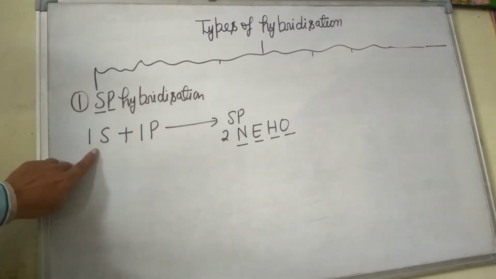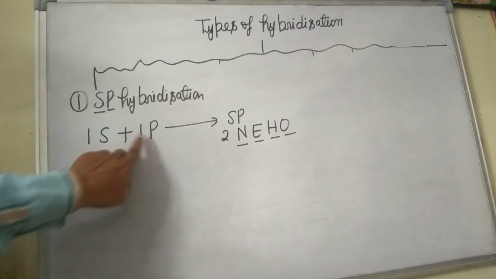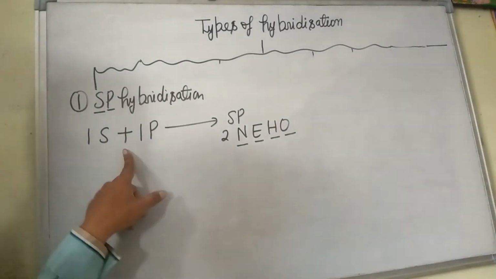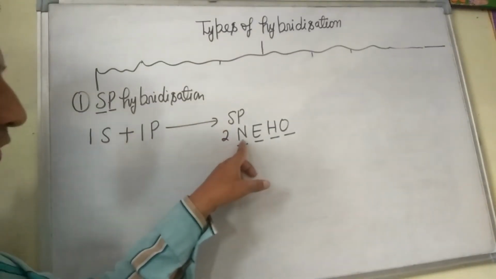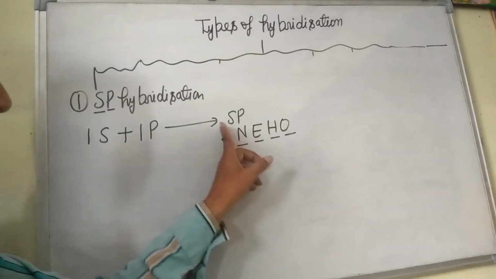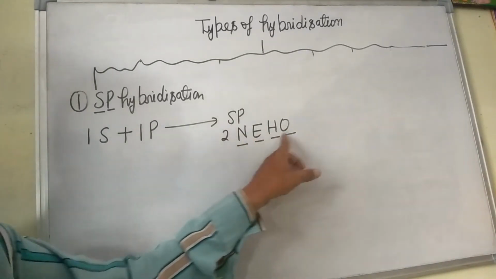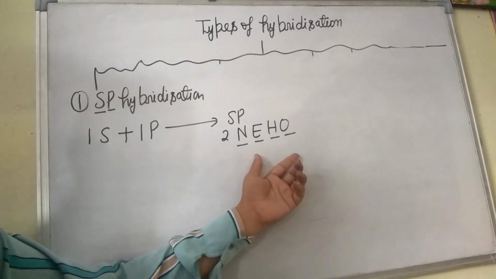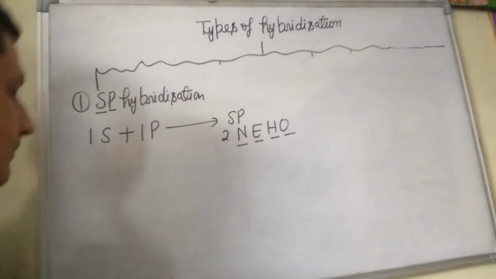When one s orbital and one p orbital mix together to form two new equivalent hybrid orbitals, this is called sp hybridization.